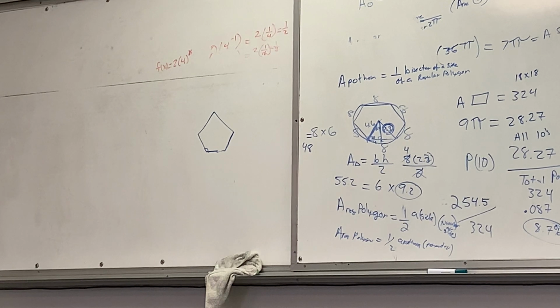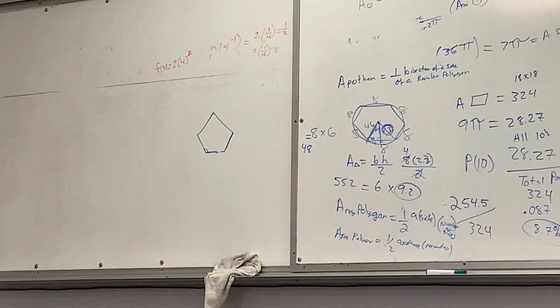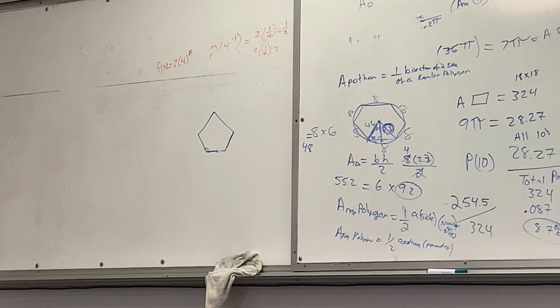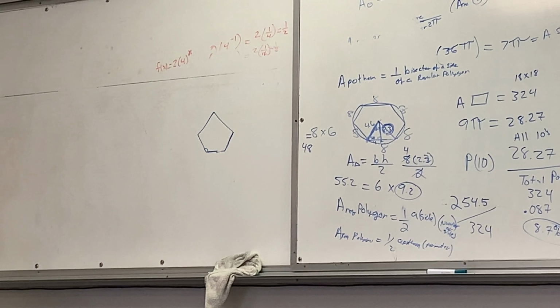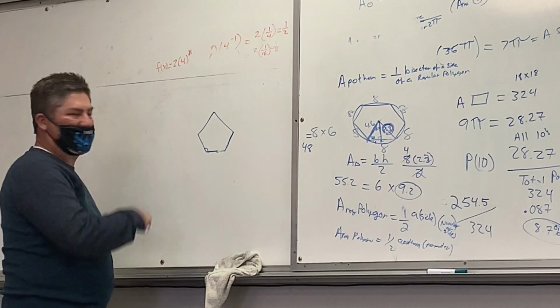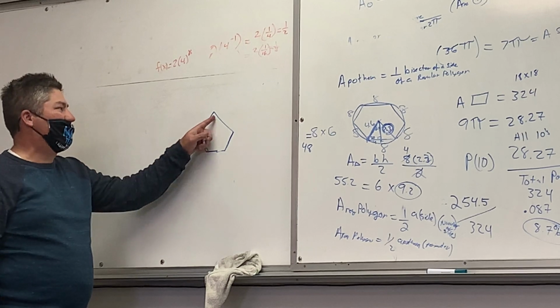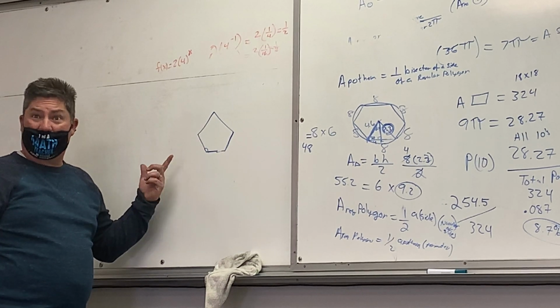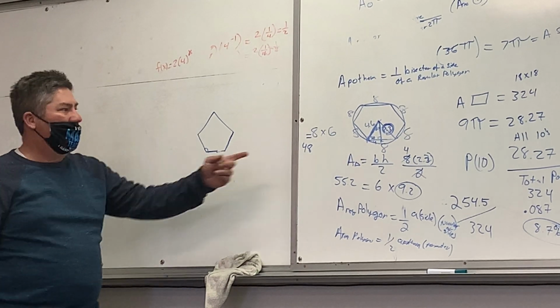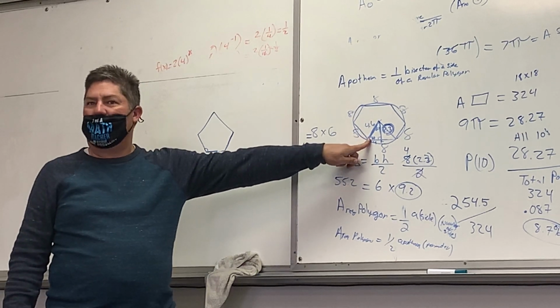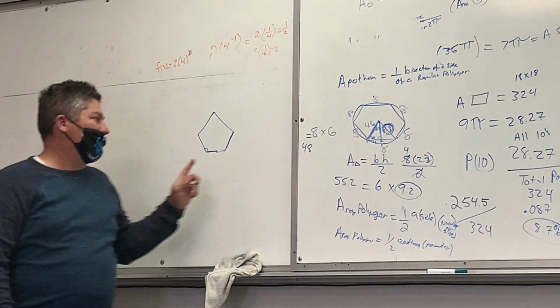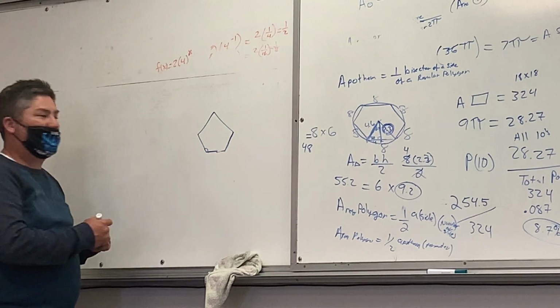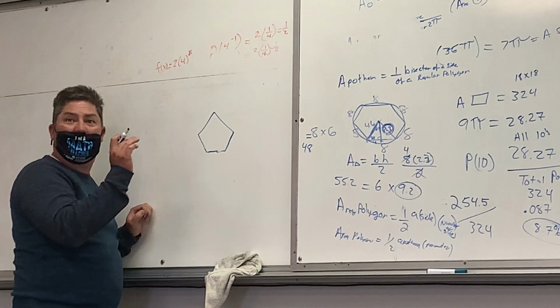Is it 72? All these would have to add up to 360, is that true? How did I get 60 over here? 360 divided by 6, right? So I agree. This is 360 divided by 5, that's 72. Everybody agree with that?